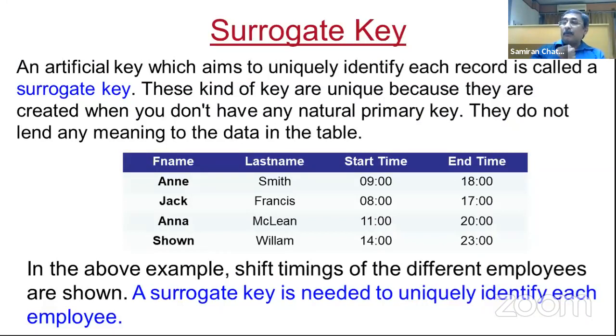Now there is one more concept called surrogate key, which is of interest to many of you. In certain situations, we identify the records by an artificial key. For example, I have students, or people, joining in a queue.